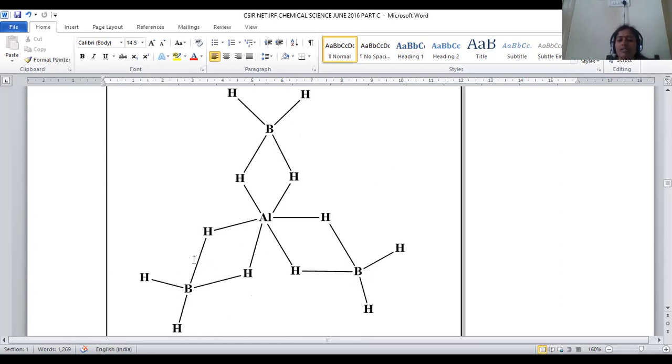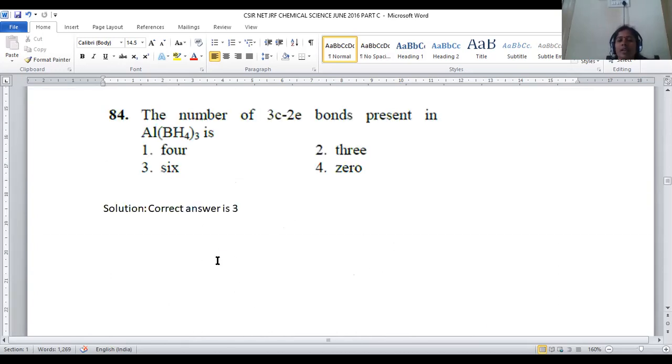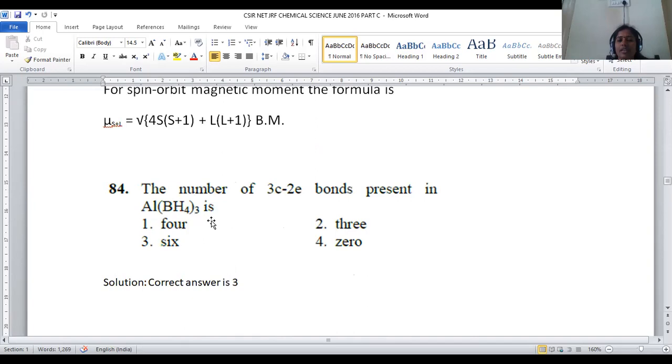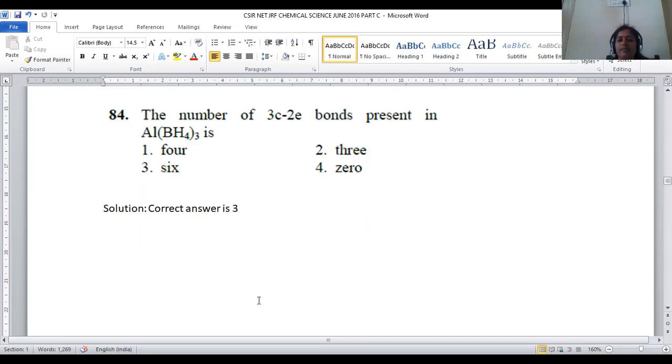Sometimes these 2 electrons are present between B and H, some other time between Al and H. So this is called a 3 center 2 electron bond, electron deficient nature. How many are there? 1, 2, 3, 4, 5, 6 bonds. So in this Al(BH4) taken thrice, 6 such 3 center 2 electron bonds are present. For question number 84, option 3 is the correct answer.